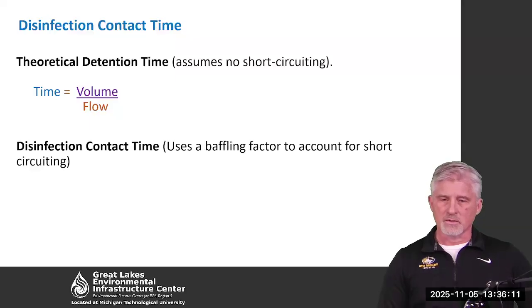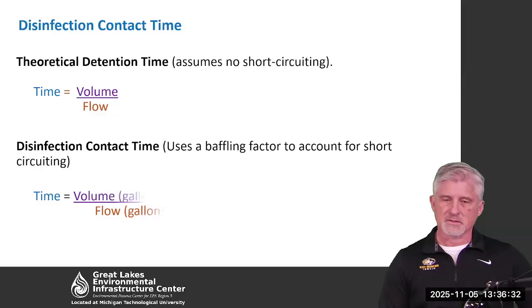Now, in the real world, it's probably not going to be that high. It's going to be something less because there's definitely an opportunity for short circuiting, or the water not being in contact with the chemical as long as it appears.